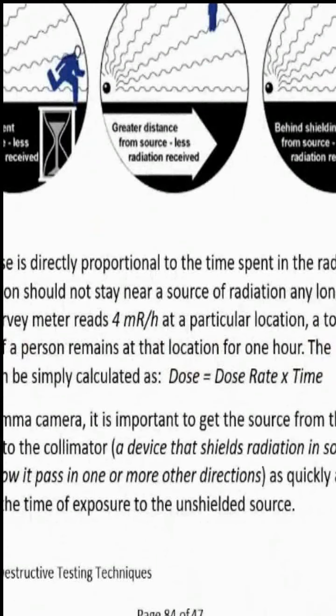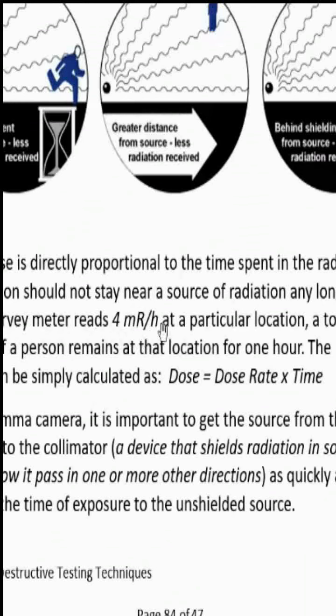So time: how are dose rate and time related? The radiation dose is directly proportional to the time spent in the radiation. Therefore, a person should not stay near the source of radiation for longer than necessary. A meter that measures radiation is called a survey meter.